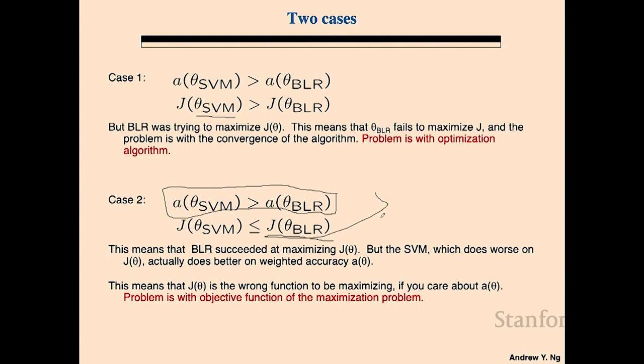Maximizing J of theta doesn't mean you're doing a good job on A of theta, and therefore maybe J of theta is not such a good thing to maximize, because maximizing it doesn't give you the result you ultimately care about. So under case 2, you can be convinced that J of theta is not the best function to maximize, because a high value of J of theta doesn't get you a high value for what you actually care about. The problem is with the objective function of the maximization problem, and maybe we should just find a different function to maximize. Okay?